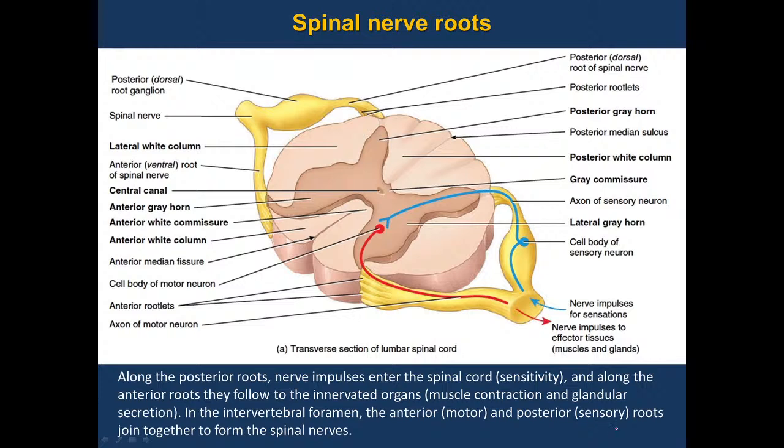Along the posterior roots here, nerve impulses enter the spinal cord. So it means the impulses come this way.